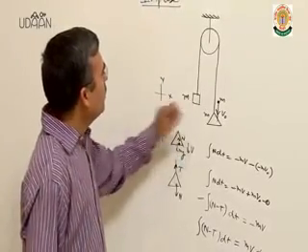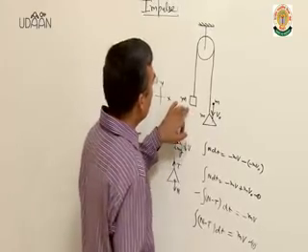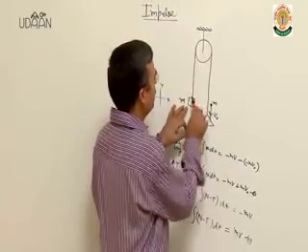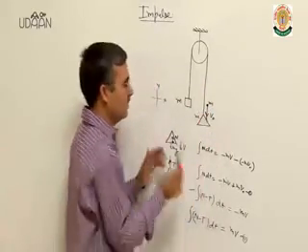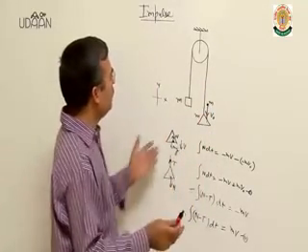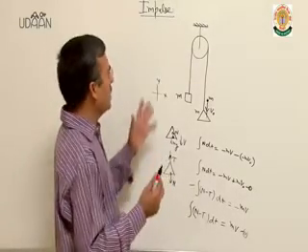Now apply on this block. On this block also the impulse of tension will come, the impulse of gravity is negligible, almost zero for that instant when the impact is taking place.